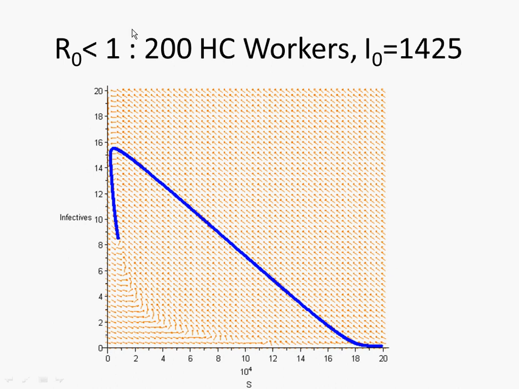Here we have a number of susceptibles, here we have a number of infectives, and here we have a situation where it starts here and goes. In here the number of susceptibles is going down, the number of infectives is going up, so what's happening? It's spreading, and then people start recovering and so on. The number of susceptibles stays roughly the same, but infectives are going down because people are recovering. And then it goes to this endemic equilibrium.